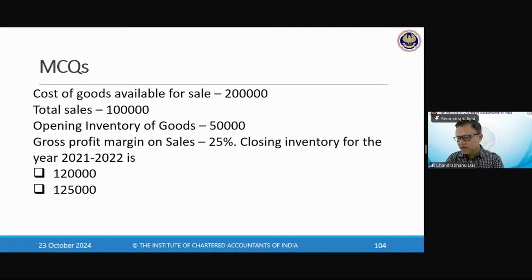So you are given cost of goods available for sale, total sales, opening inventory of 50,000, and gross profit margin on sales. You have to find the closing inventory for the year.